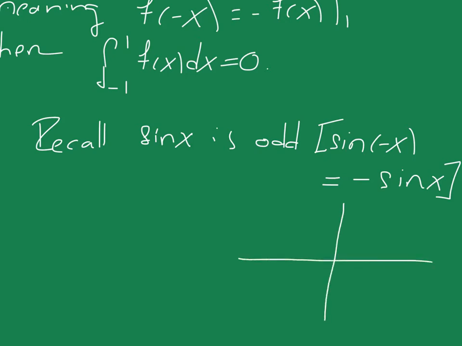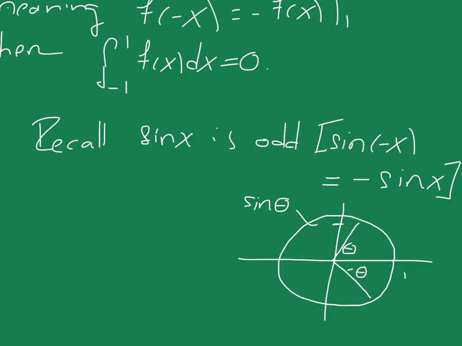Draw myself a unit circle. And if you give me a value theta, then sine theta is this value right here. Minus theta is then this angle, and sine minus theta is then this y-coordinate here. So sine theta, remember, is just the y-coordinate of that point on the unit circle at angle theta.